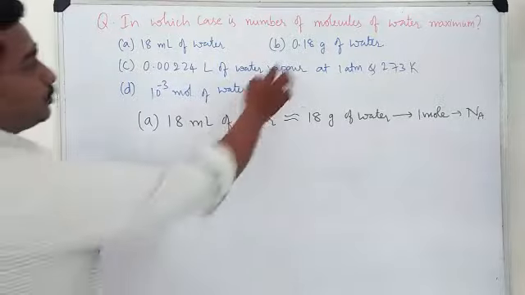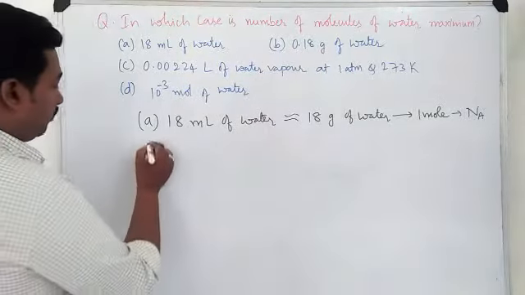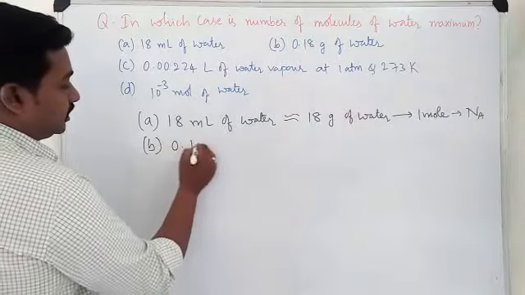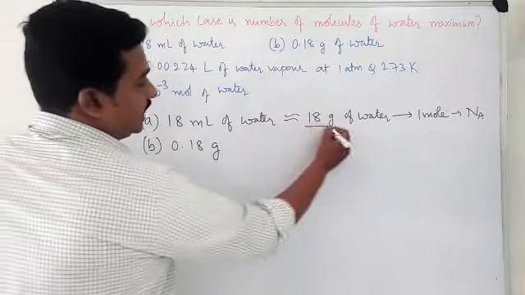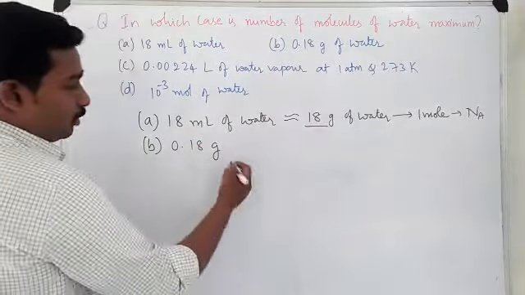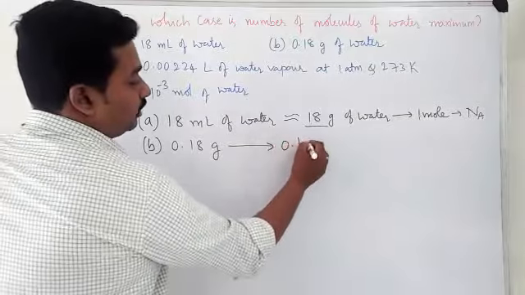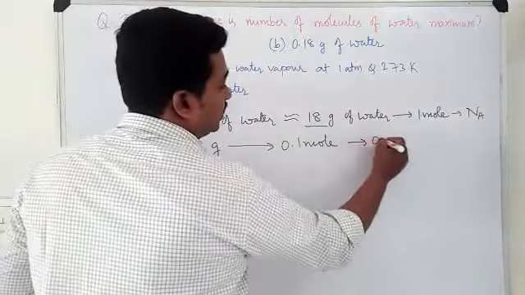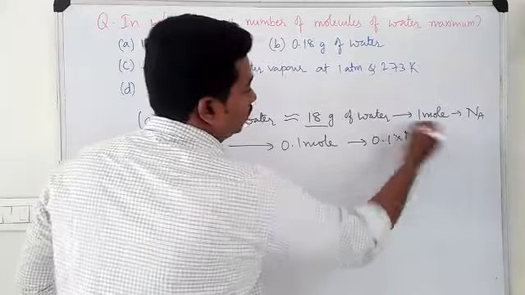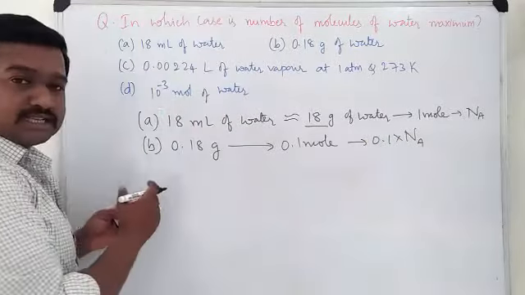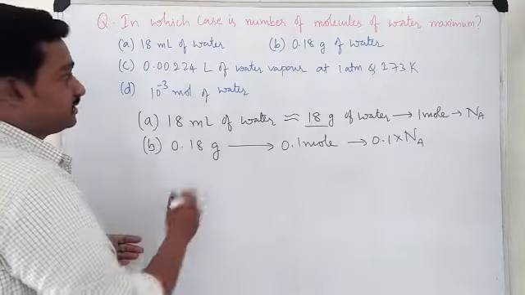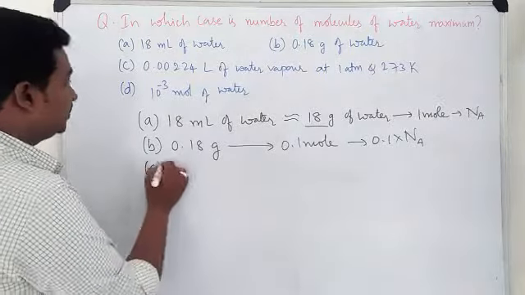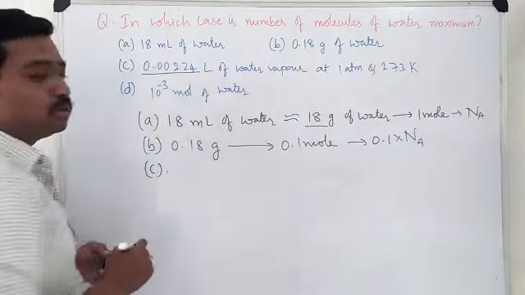The next option is 0.18 gram of water. Obviously this must be less. See, 18 gram is 1 mole, so 0.18 gram must be 0.01 mole, which is 0.01 into Avogadro's number. So the second option has fewer water molecules than the first. Option C is 0.00224 liter.